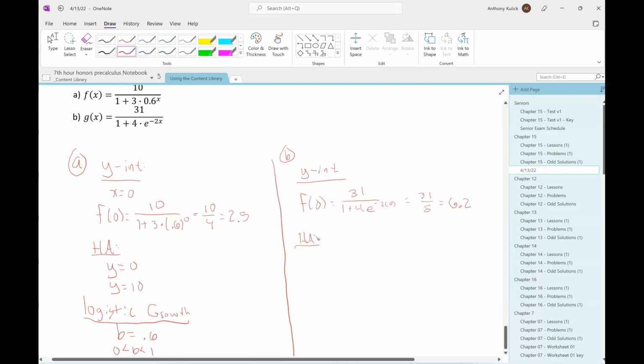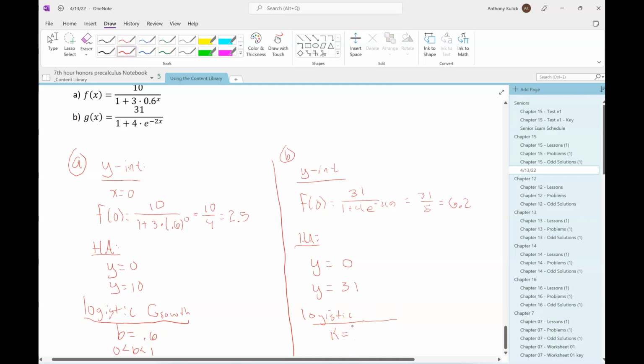What are my horizontal asymptotes at? Anybody? 0 and 31, very good. Always 0, and then the value for c, which is just the numerator. And then is this growth or decay? What's the value for k in this case?